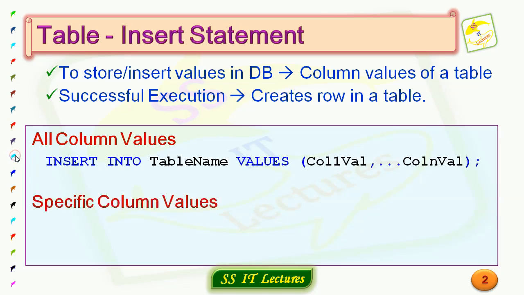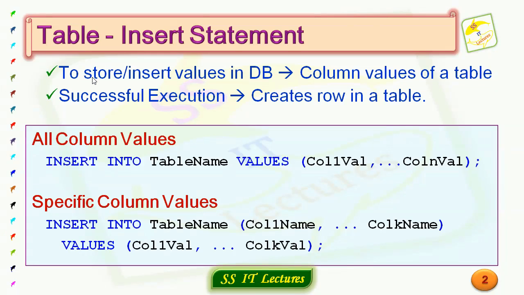Next, if you want to insert values for particular columns of a table, then the insert statement will be: insert into table name. Within the bracket, we have to specify the list of column names, separated by commas, that you are interested in inserting. Then values, then the list of column values within brackets, and a semicolon.